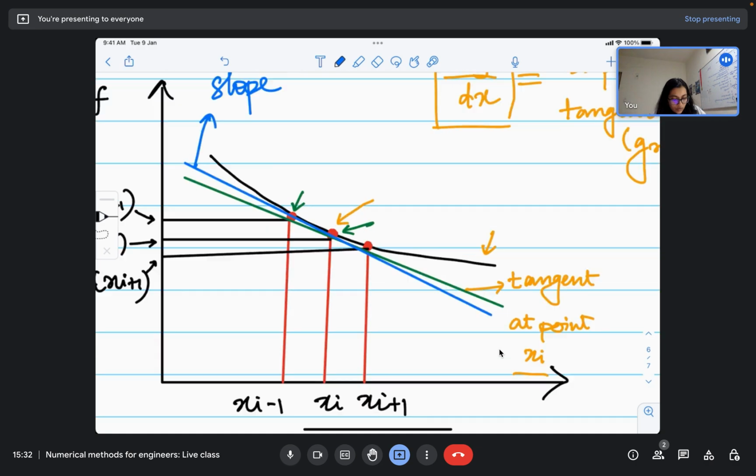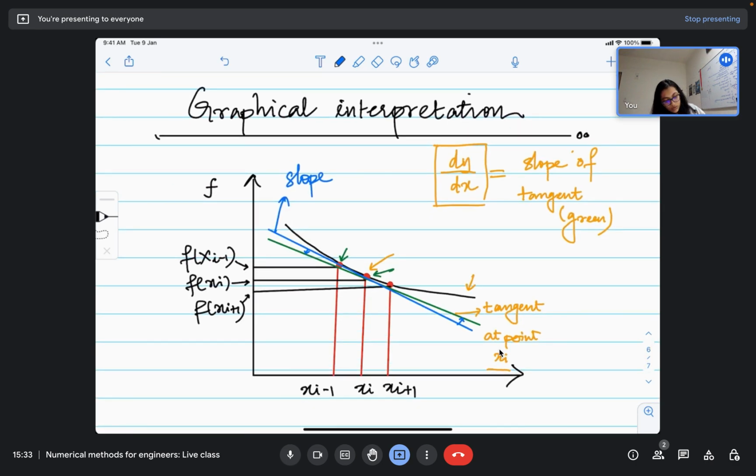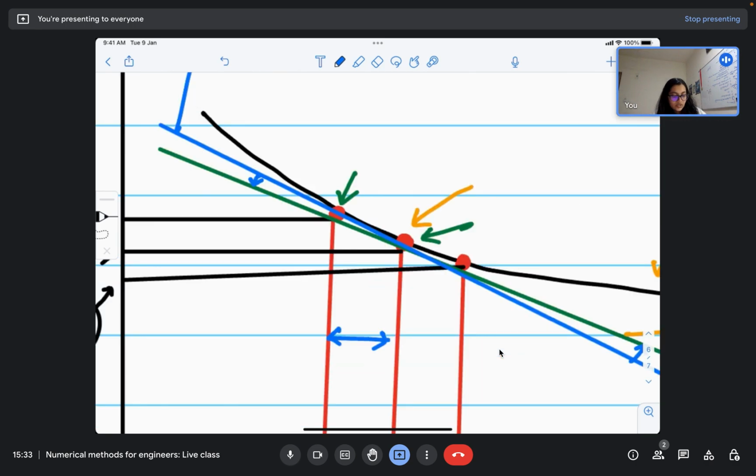So can you now zoom in and appreciate the fact that there is a subtle difference between the blue line and the green line, okay. It is fairly close enough, and hence the technique works. So this basically means that if we go on decreasing the value of h, if we take smaller intervals in which we are considering 2 points to approximate the numerical differentiation, these two lines will actually merge at that point, and hence you will be able to find a more accurate answer for the numerical differentiation, okay.